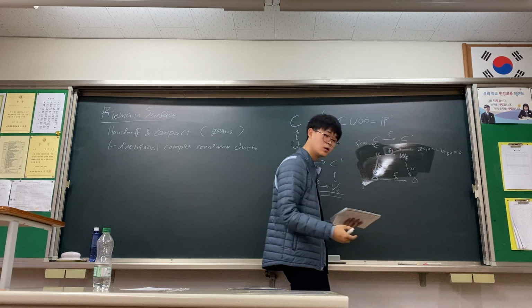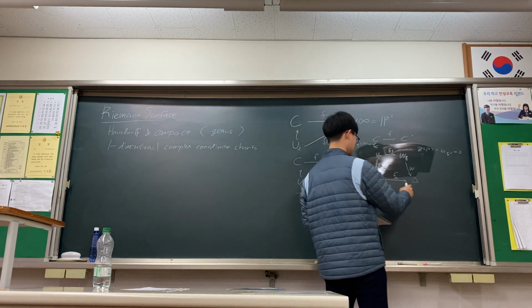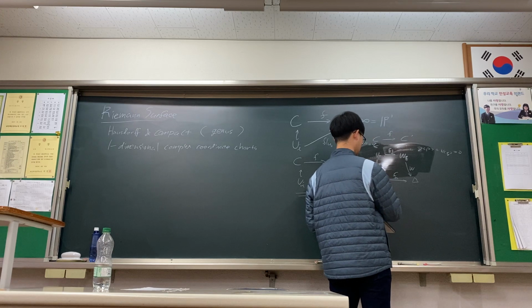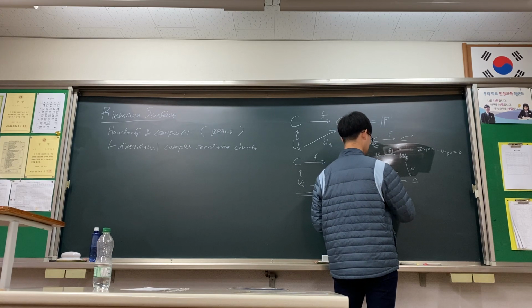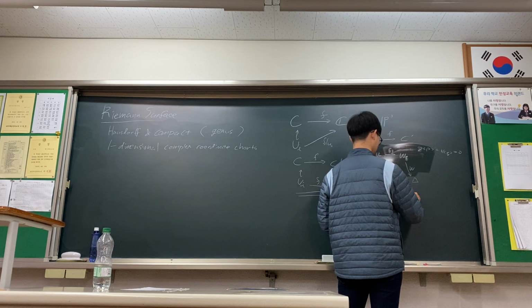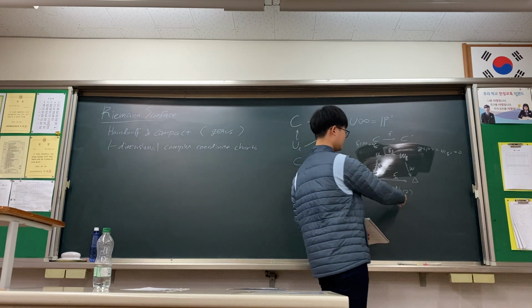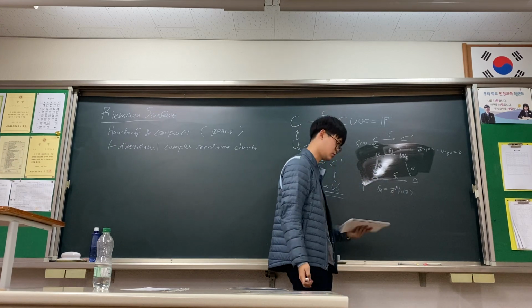So it can be classified in terms of the multiplicity of 0. We can express f tilde as z to the mu times h(z), where mu is strictly positive and h(0) is not 0.